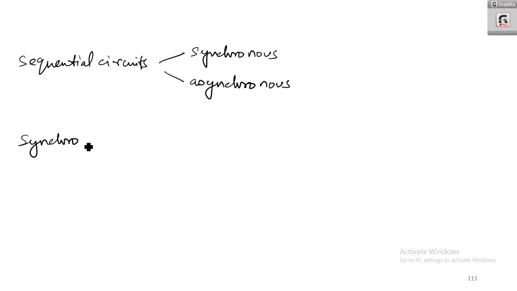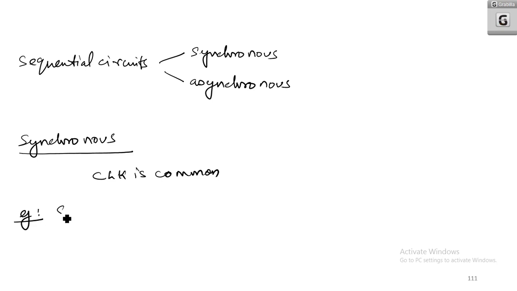In synchronous sequential circuits, the clock is common, whereas in asynchronous sequential circuits, the clock is not common. An example of a sequential circuit is a counter.